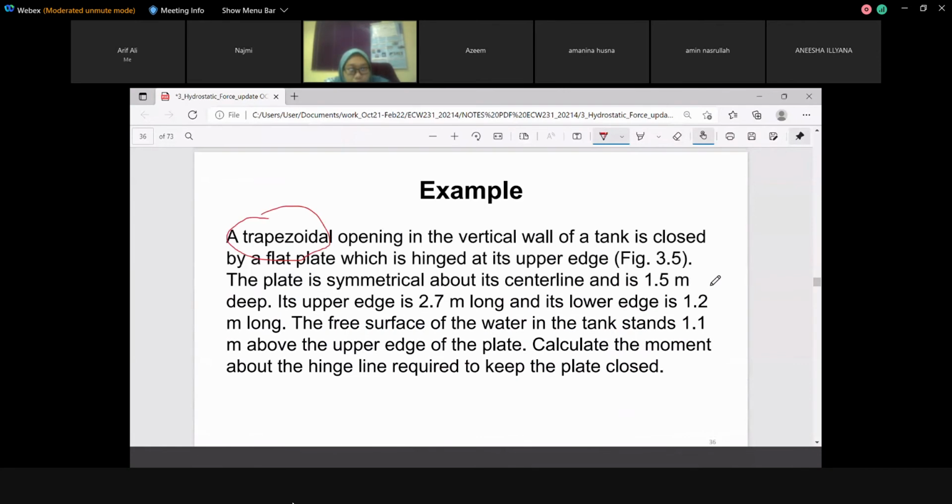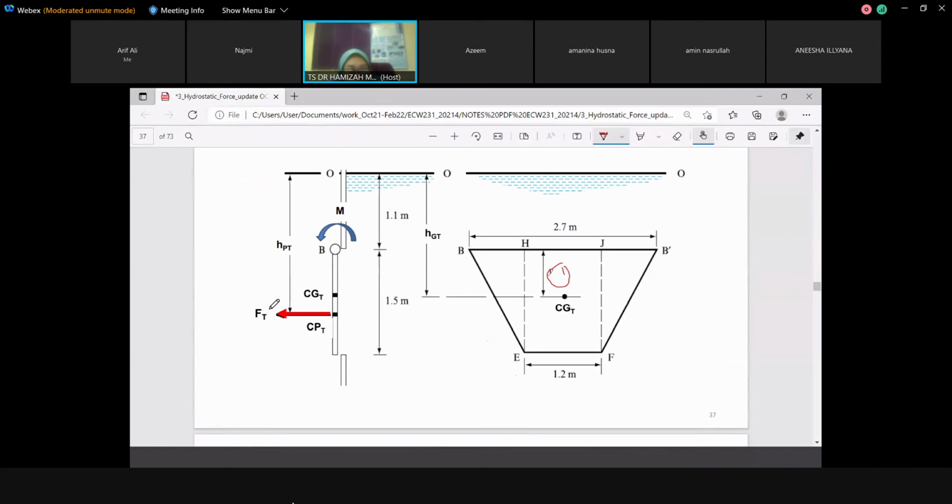Okay, boleh. So you tengok kat sini dia punya force ialah perpendicular to the center of pressure kat sini. Okay, you have force total ni kat sini. Dia mesti perpendicular to the gate. So imaginary dia straight lah untuk gate ni.